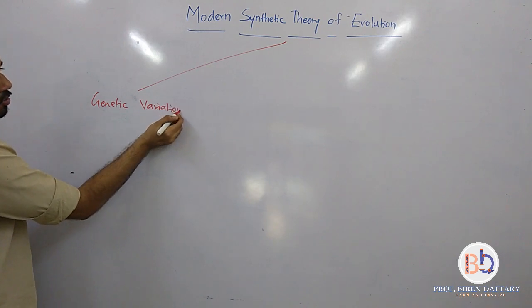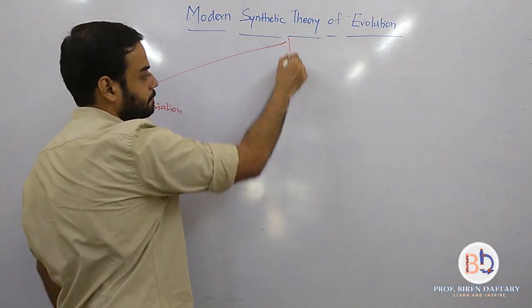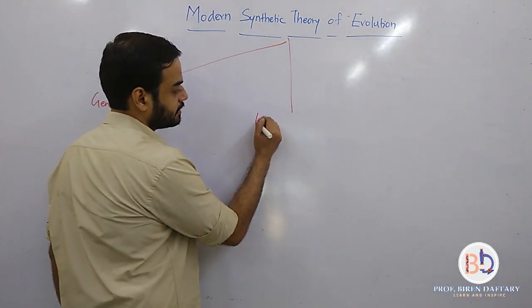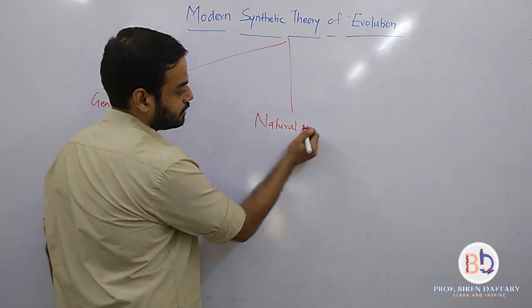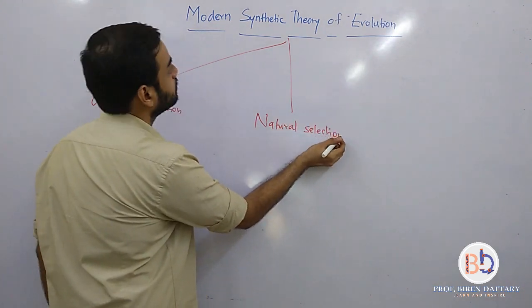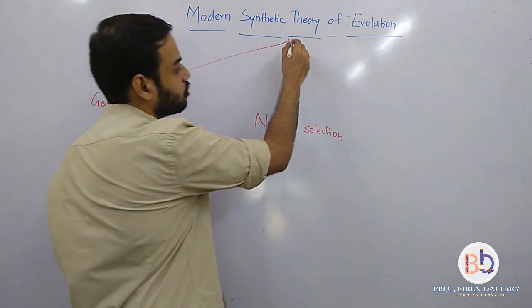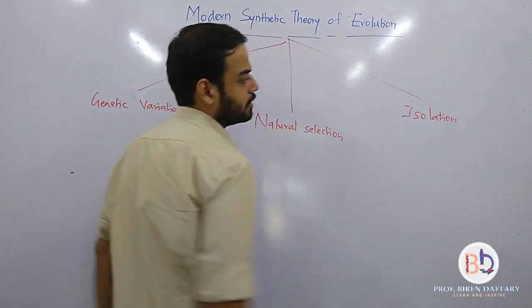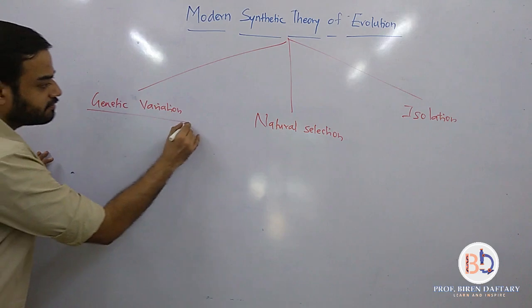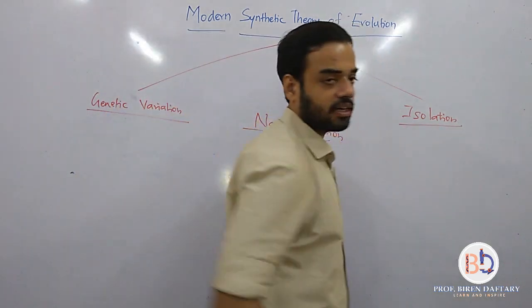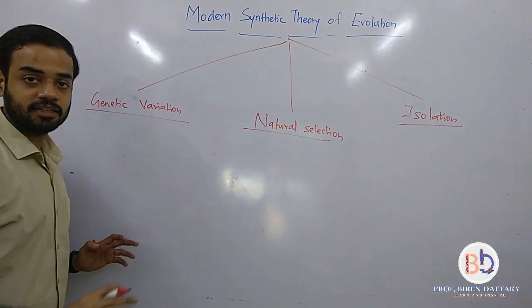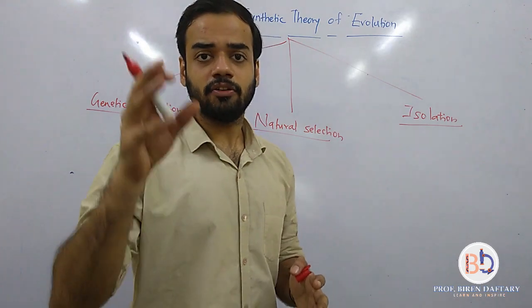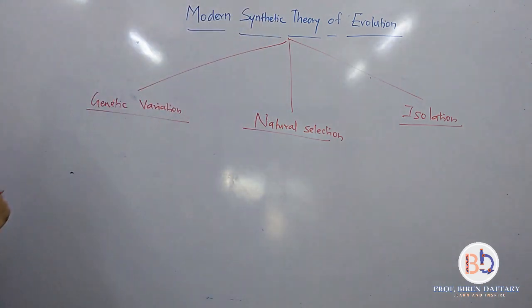The second part is natural selection, and the third part is isolation, which is also the last part. So genetic variation, natural selection and isolation are the three parts of the modern synthetic theory. This is one of the biggest theories and the only theory for your 12th standard for this year. So please pay attention now.